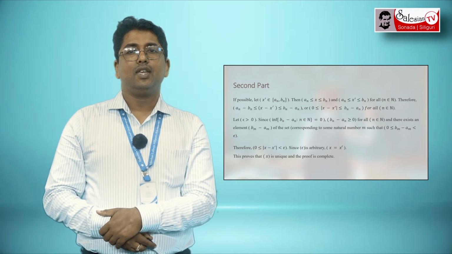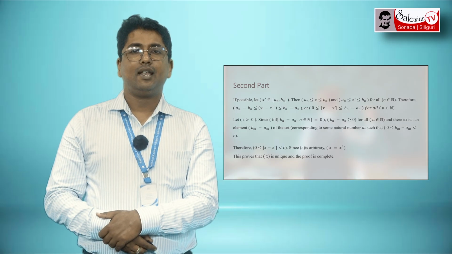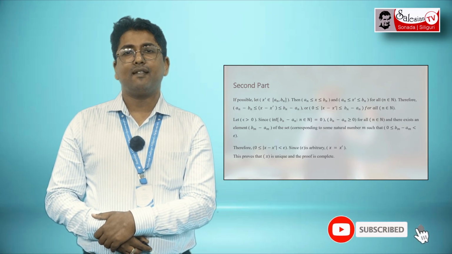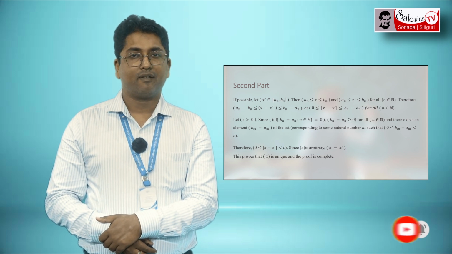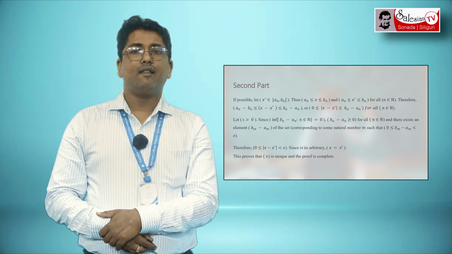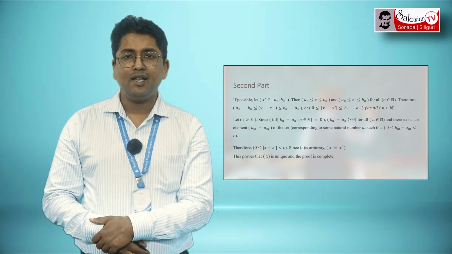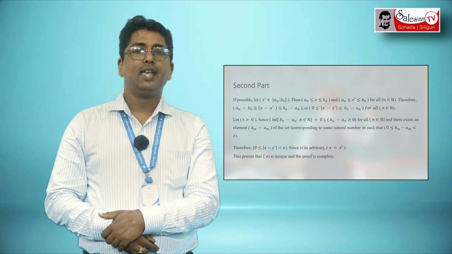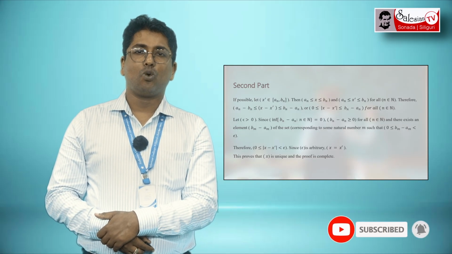Next line will be, if you take the minus common, minus of (bn minus an) less than or equal to x minus x' less than or equal to bn minus an, which we can convert into a modulus. That means modulus of x minus x' is less than or equal to bn minus an, and obviously it will be greater than or equal to 0. That means we can say 0 less than or equal to modulus of x minus x' less than or equal to bn minus an.